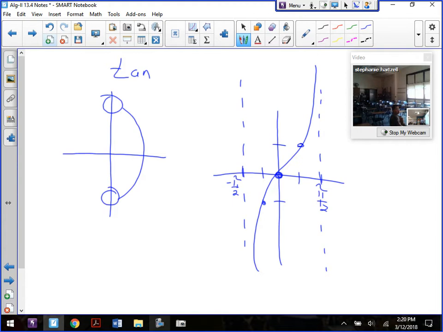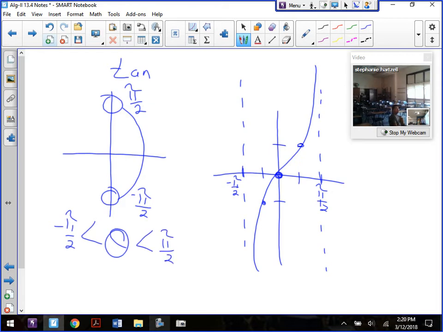It's like the open circle. Okay? It's less than, it's greater than. So we're looking for values that are less than pi over 2, but greater than negative pi over 2. So these values here will be greater than negative pi over 2, but smaller than pi over 2.